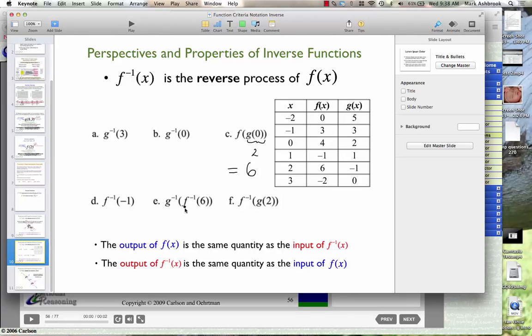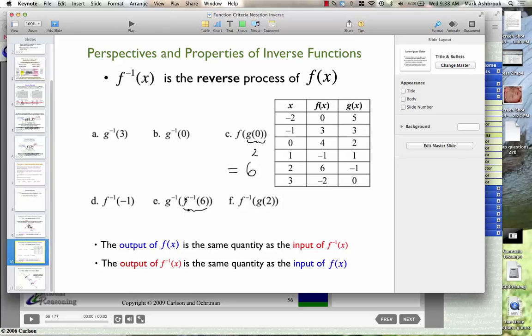F inverse of 6. I'm not asking for a number, but what thing is that? How do we describe that? Okay, the output of f inverse is the same as the input of f. So 6 then would be what relative to f? Output of f. So we're looking at the input of f when you get an output of 6.